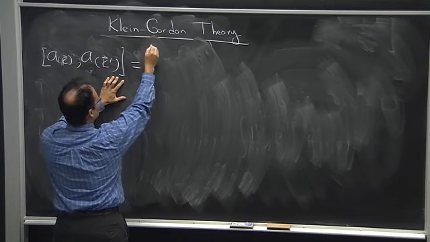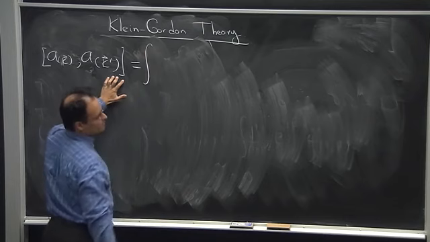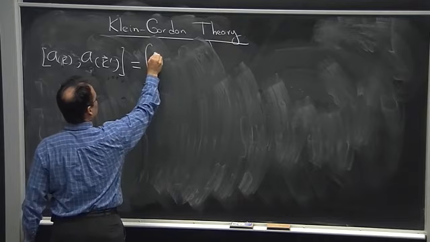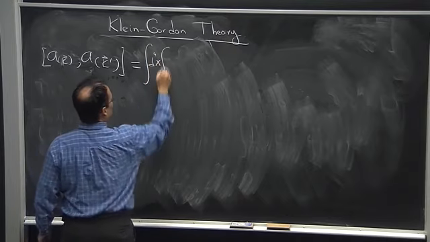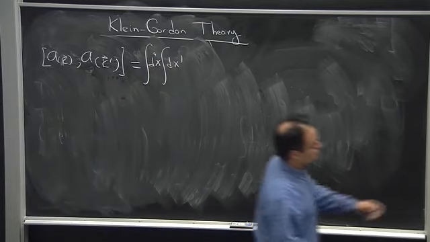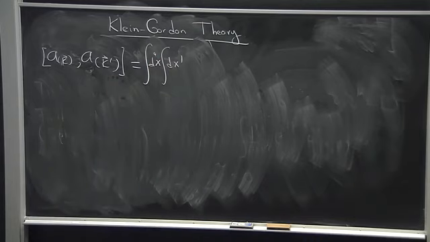So what do we have? We have two integrals, right? So we now have integrals over x and x prime, so one for each. Of what?